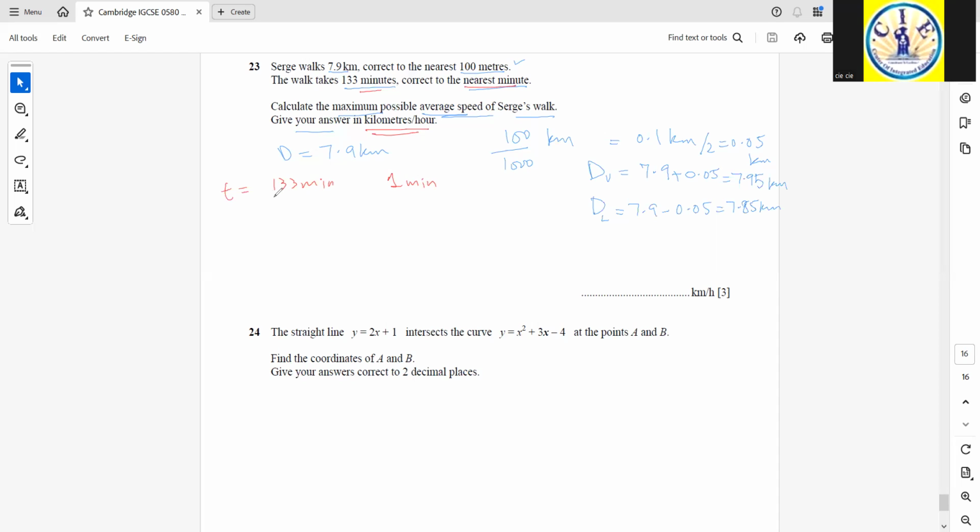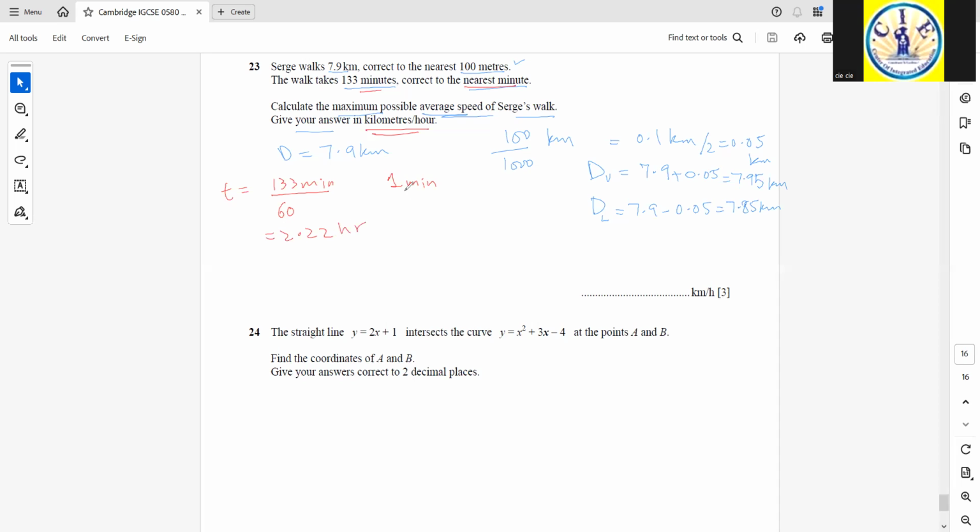For minutes, let me divide by 60 to have the answer in hours. 133 divided by 60 is 2.21667, 2.22 let it be, hours.